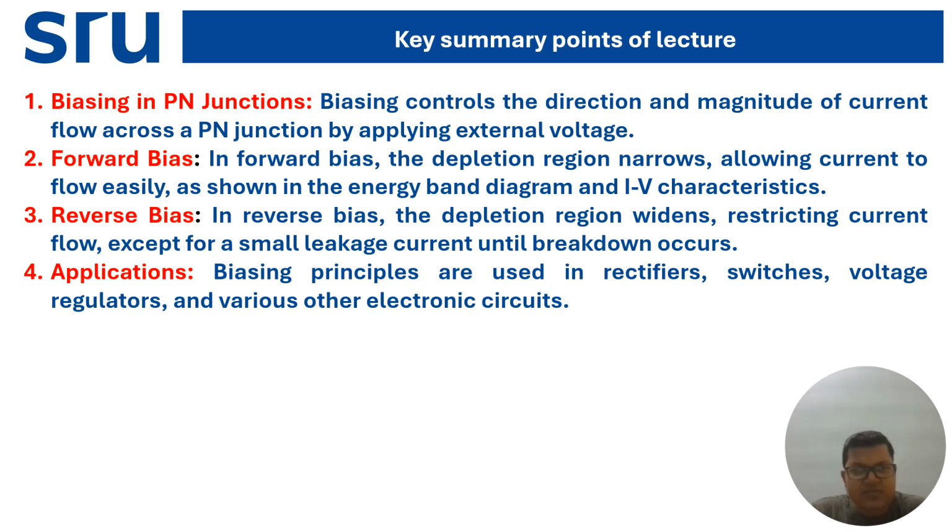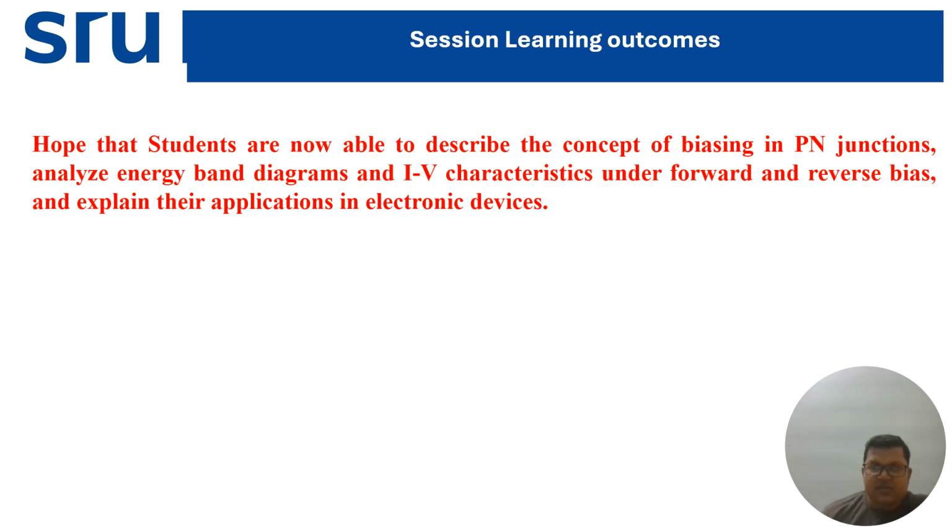Applications: biasing principles are used in rectifiers, switches, voltage regulators, and various other electronic applications. So that's what we understood from the course. I hope the students are now able to describe the concept of biasing in PN junctions, analyze energy band diagrams and IV characteristics under forward and reverse bias conditions, and explain their applications in electronic devices.